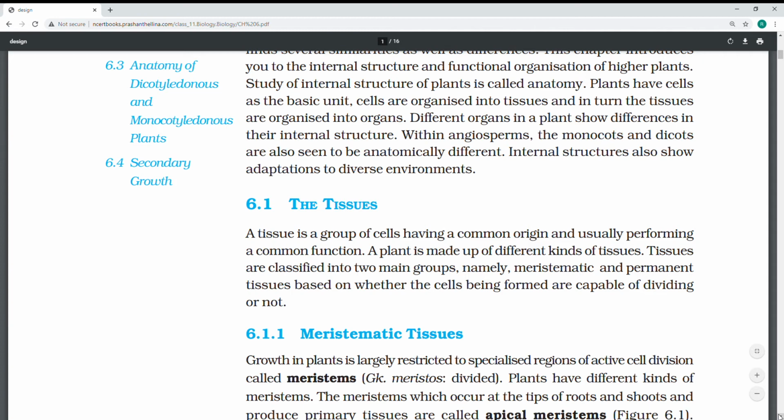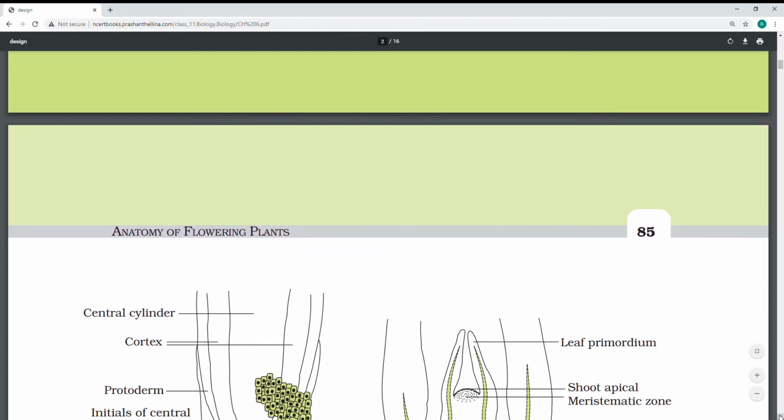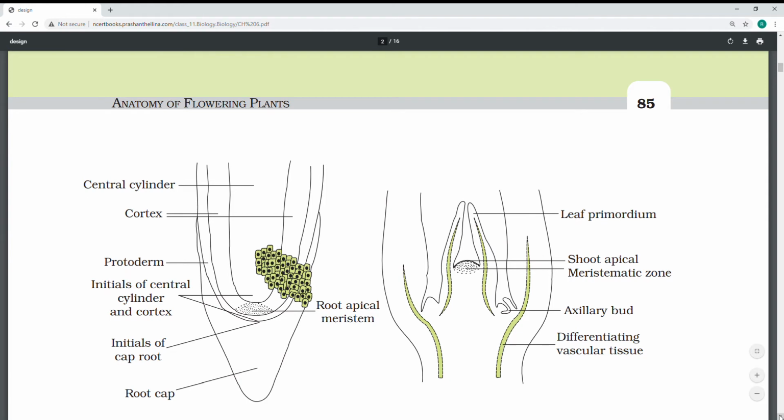Those are called meristems. See, the diagrams will be there. Based on position, the apical meristems are important in root and shoot. That is called primary tissue; see the diagram.